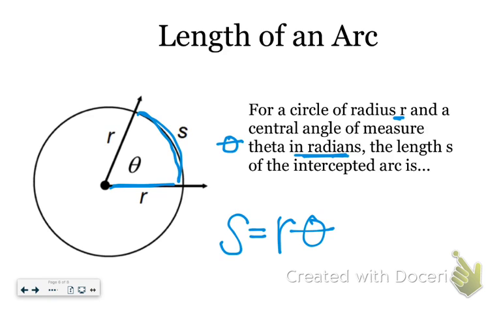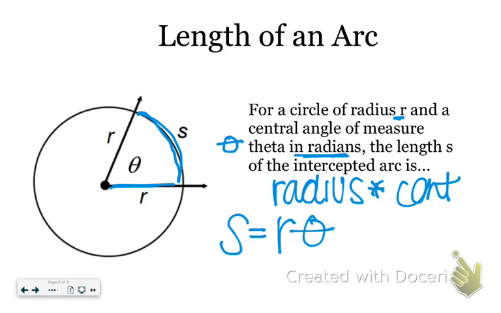So basically it's your radius times the central angle. That's how you find this measure right there. That's how you find the intercepted arc.